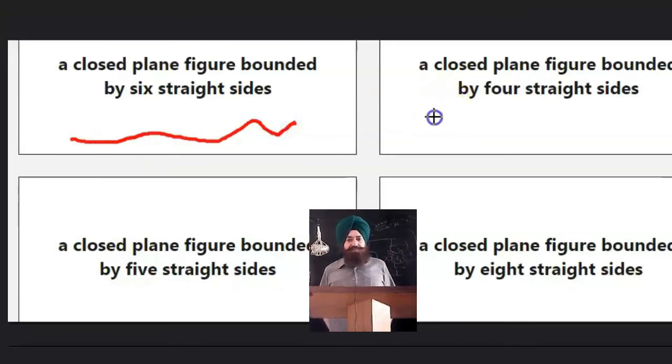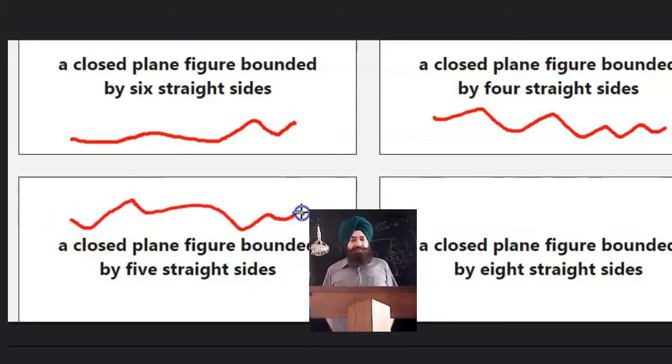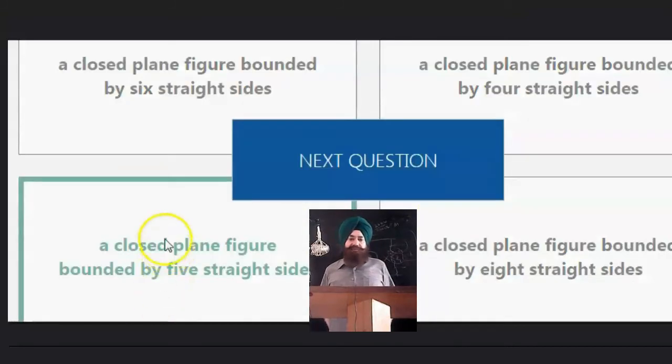And a closed plane figure bounded by 4 straight sides, is it a pentagon? A closed plane figure bounded by 5 straight sides, and one bounded by 8 straight sides. Penta means 5. So a closed plane figure bounded by 5 straight sides is the correct answer.